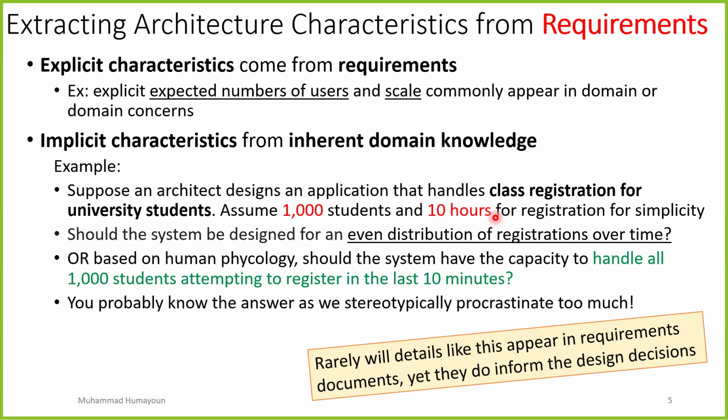Now, here you need to ask yourself, should your system be designed for even distribution of registrations over time? Or based on human psychology, should your system have the capacity to handle all these students in the last 10 minutes? And what do you say?